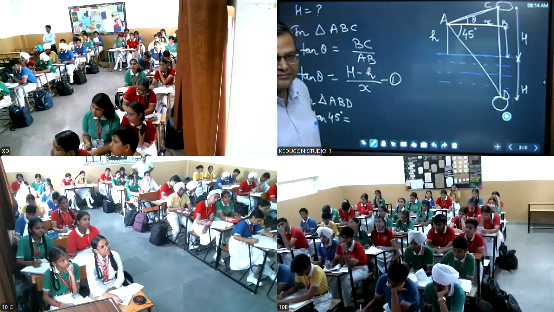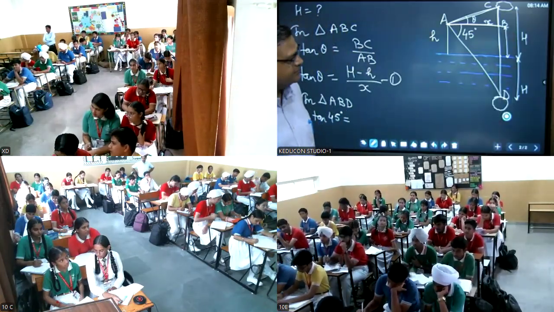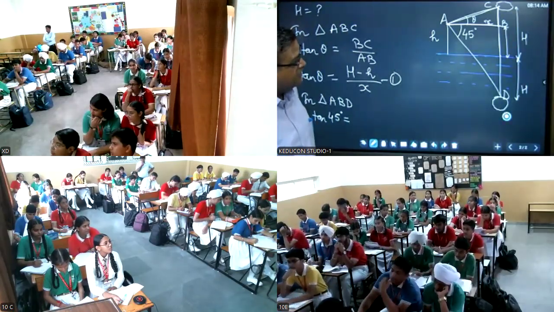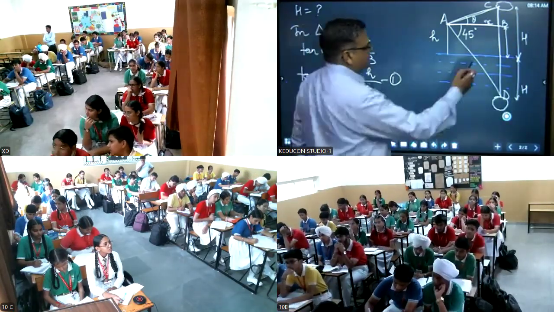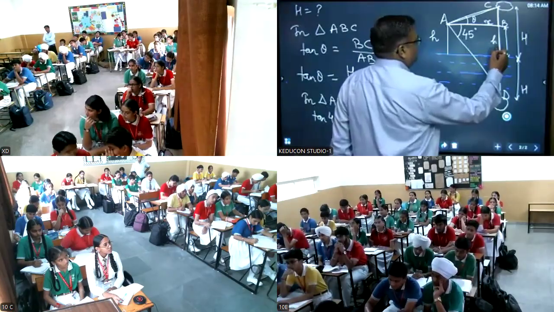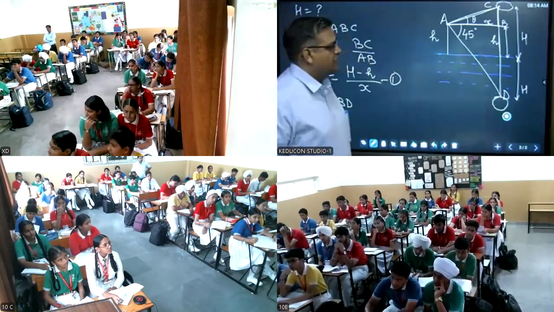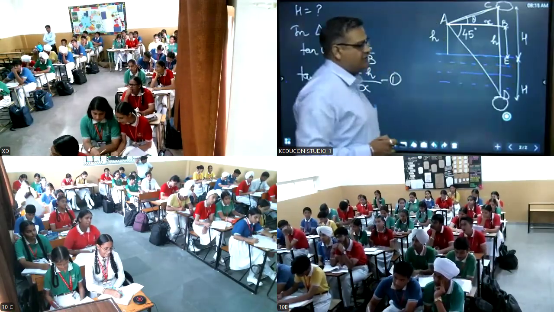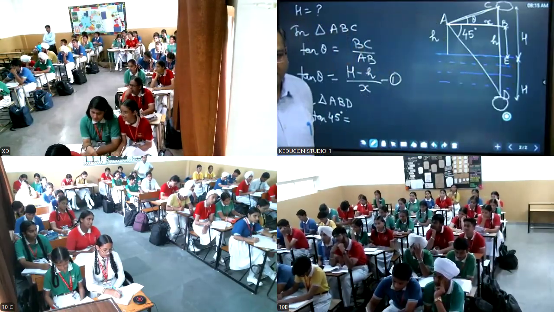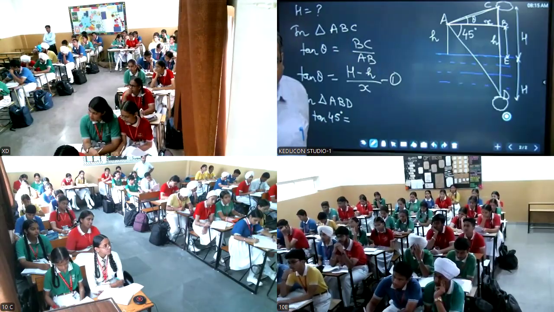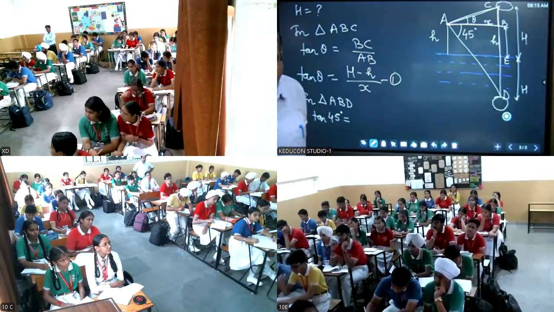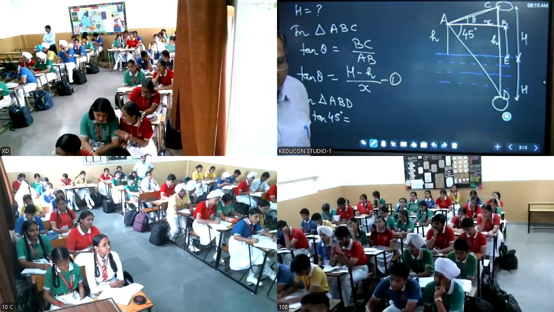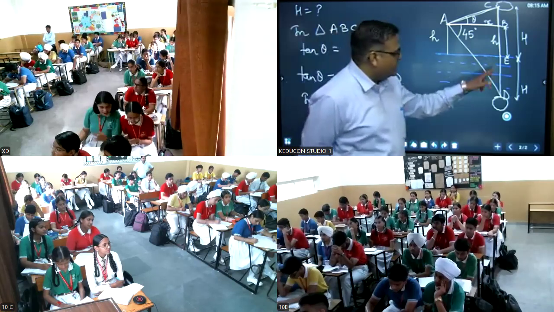Big H minus small h. No, this won't be H. If I say this point as E, what is BE? BE will be small h. Yes or no? Yes. And what will be the DE?